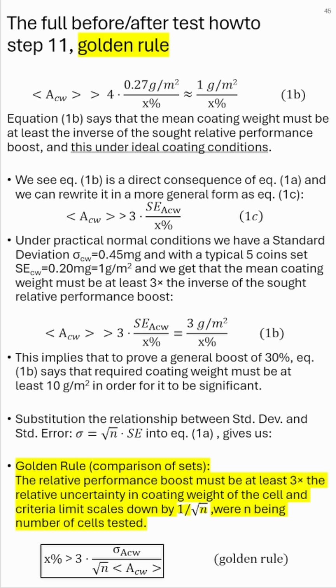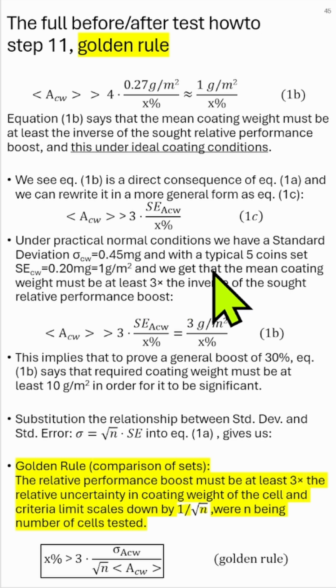So if we are not in an ideal theoretical case, so under practical normal conditions, we know that the standard deviation sigma for the coating weight is about 0.45 milligram. And that is for a typical 5 coin set. Then the standard error with that type of standard deviation for the coating weight becomes 0.20 milligram. And that corresponds to 1 gram per square meter.